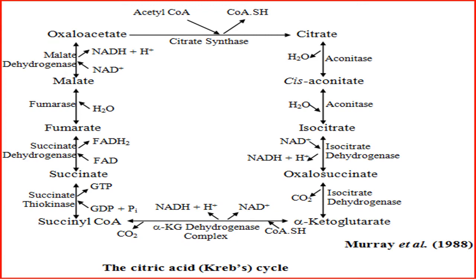Alpha ketoglutarate is converted into succinyl-CoA, and succinyl-CoA into succinate, then succinate into fumarate and malate, and finally into oxaloacetate. This oxaloacetate again combines with acetyl-CoA and enters the citric acid cycle after conversion into citrate.